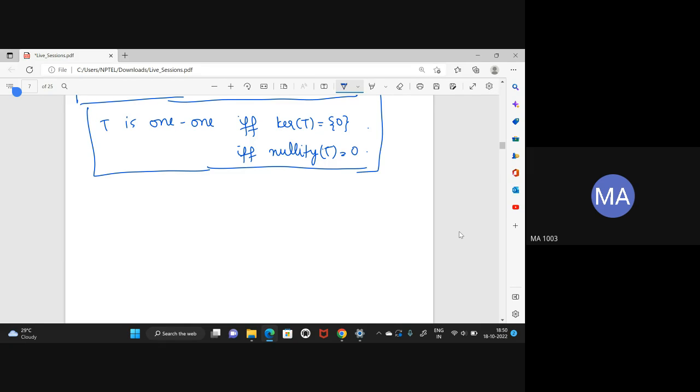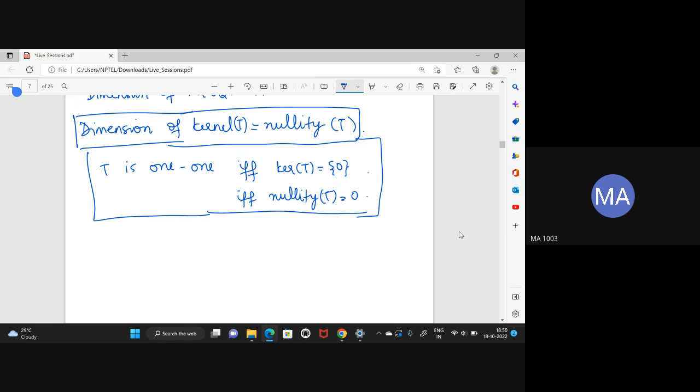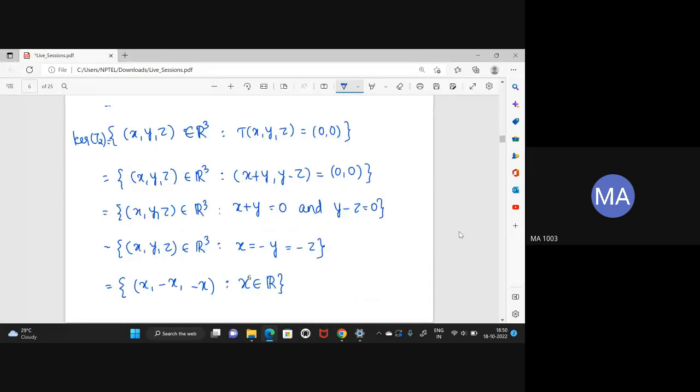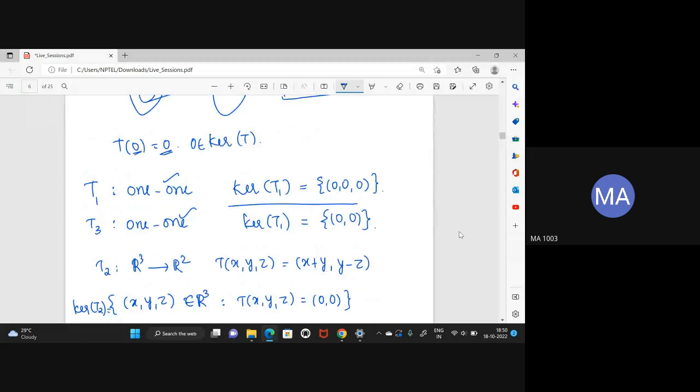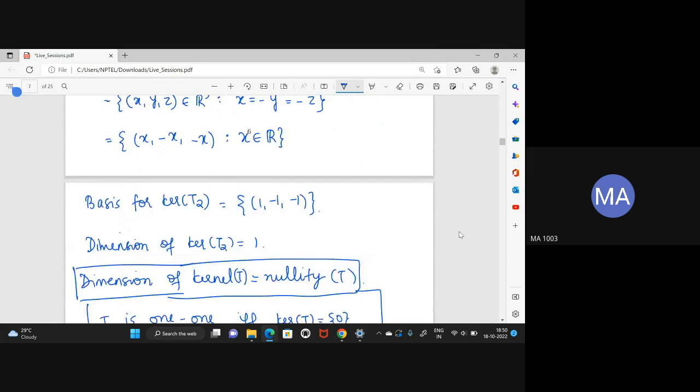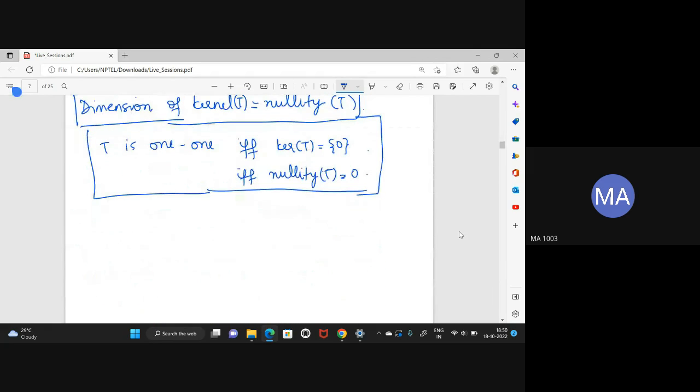We saw a transformation which is not 0, but the kernel is 0, no? One-to-one map, this one. This transformation is not 0, no? What is the 0 transformation? When do you say a transformation is 0?